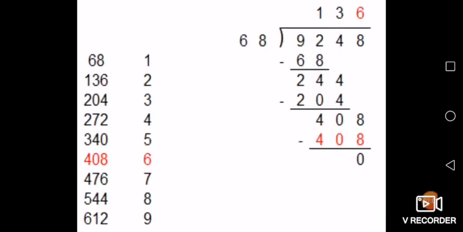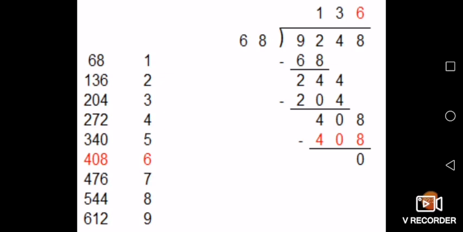This kind of division we did yesterday, that is division by a two-digit number. Here 9248 is going to be divided by 68. As I told you yesterday, you can write the times on one side with a pencil, and afterwards you can erase it.